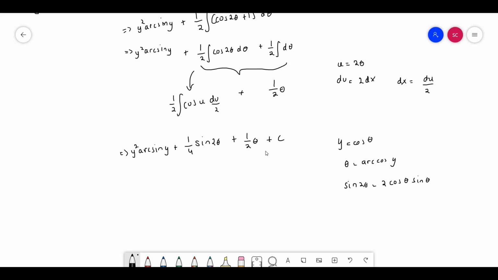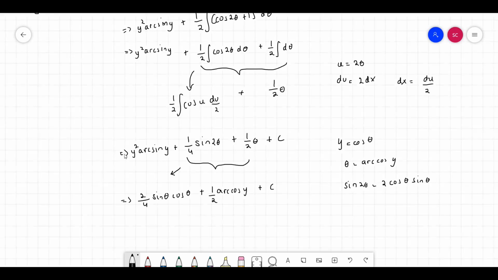Okay, so again worrying about this part only, this becomes 2 over 4 sine theta cos theta, and then this becomes half arc cos y plus c.